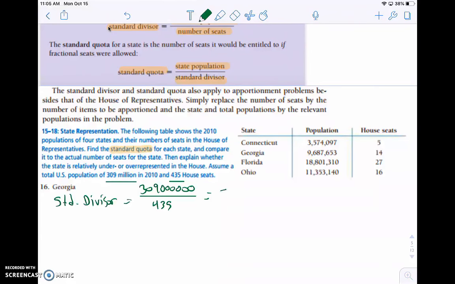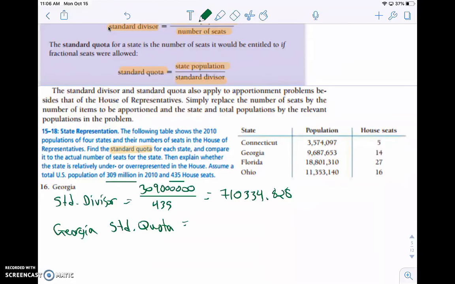And here's where they got that approximately 710,000, but it was 710,334. And I'm going to round this to a couple decimal places. But that's our Standard Divisor. And this is going to help us now find the standard quota for each state. So we're going to look at Georgia in particular. So the Georgia standard quota.